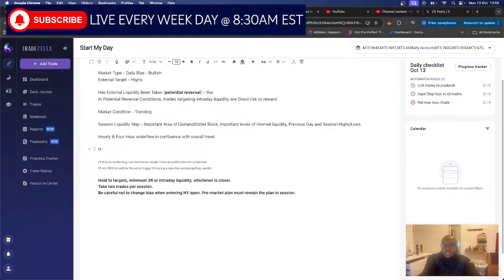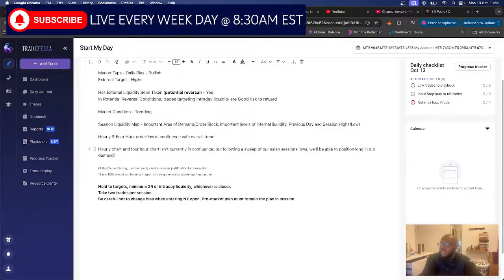So our daily chart, hourly chart, and 4-hour chart aren't currently in confluence, but following a sweep of Asian session lows we'll be able to position long in our demand area and have price rally into confluence.